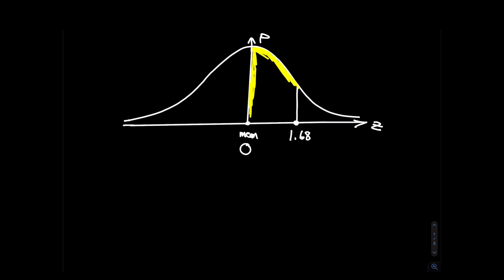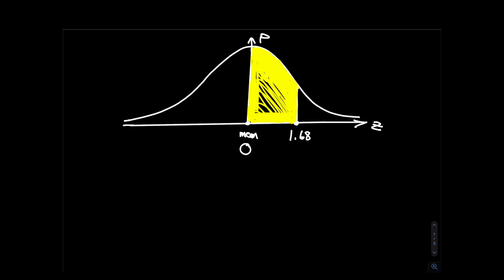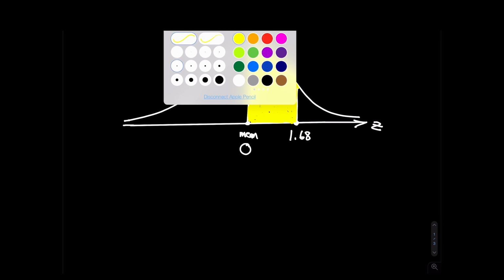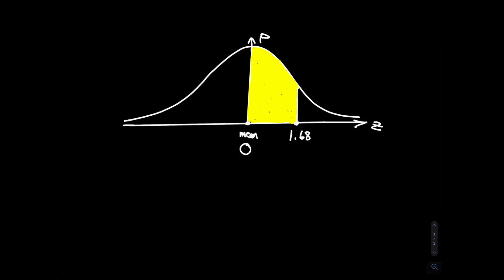At this point we're not going to talk about how to calculate it, I'm sure you know how to do it, but I just want to talk about its essence. Say I know that the probability of that area is 0.4535. Let's say somehow you know that.